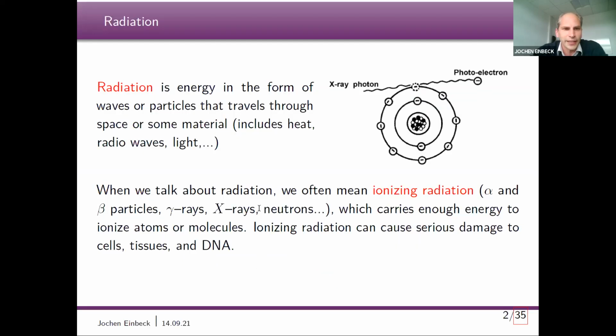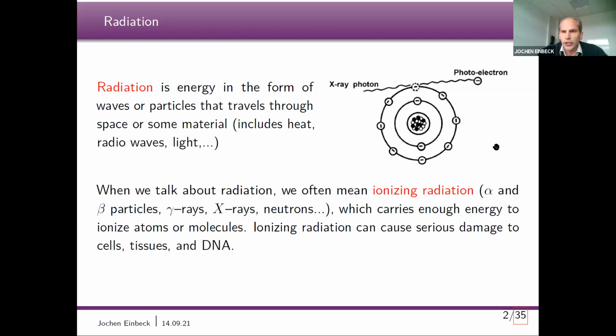So the context of this talk is radiation. Radiation is energy in the form of waves or particles that travels through space or material. But when we talk about radiation, we mostly mean ionizing radiation.